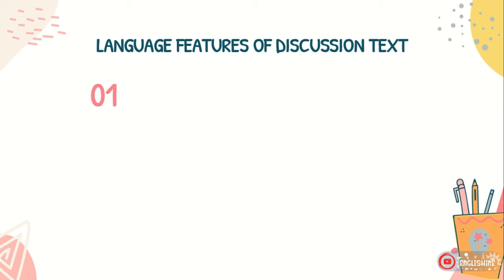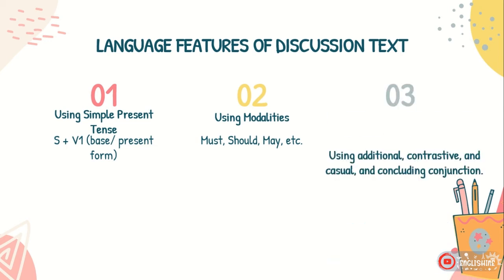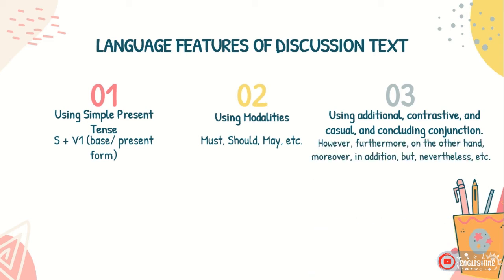So the language features of discussion text are, the first one is using simple present tense, and the second is using modalities such as must, should, may, and etc. And the third is using additional, contrastive, and causal and concluding conjunctions, such as however, furthermore, on the other hand, moreover, in addition, but, and nevertheless, and etc.